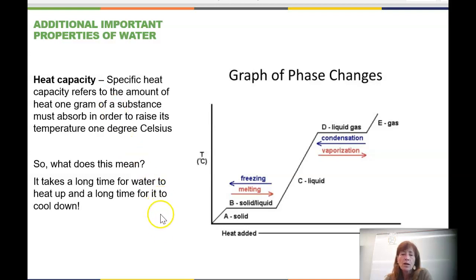So this ability to hold a lot of heat energy without changing its overall temperature too greatly gives water the ability to take a long time to heat up, a long time to cool down, and to modulate temperatures in areas where there is a lot of water. So that's an important feature of water.